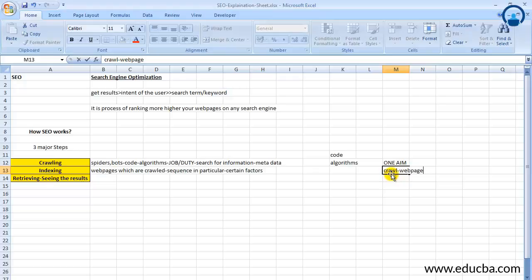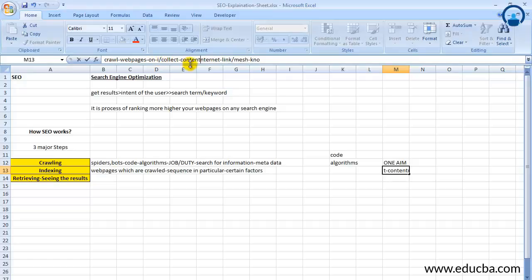What we mean by crawling is that this code finds various web pages on the internet, tries to link across them and establish a kind of mesh across all of them, and collects data about what the content is on that particular page.